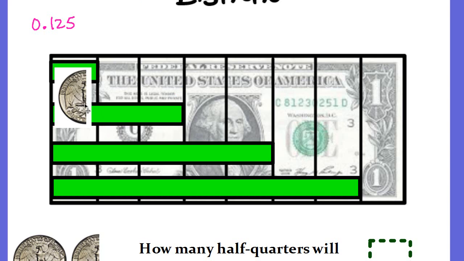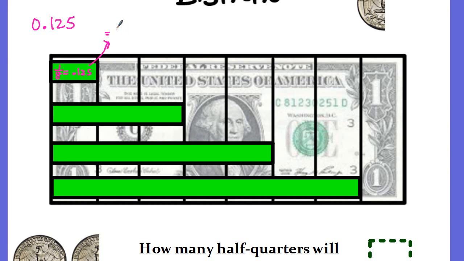So every eighth, it's 1 shaded out of 8, every eighth is equivalent to 125 thousandths, which equals, I'm going to move it up here, 12.5%. Because it's half of a quarter, half of 25 cents is 12.5 cents.